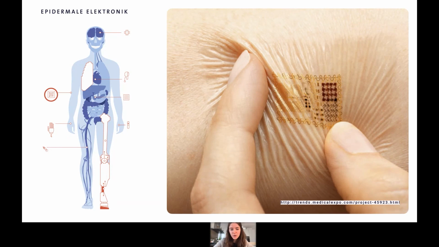These kinds of tattoos are electronic tattoos, and they're in research right now because they still have problems thinking about how the electronic system can get power.